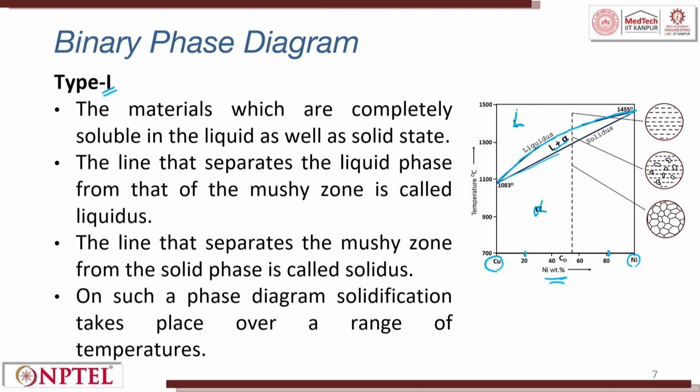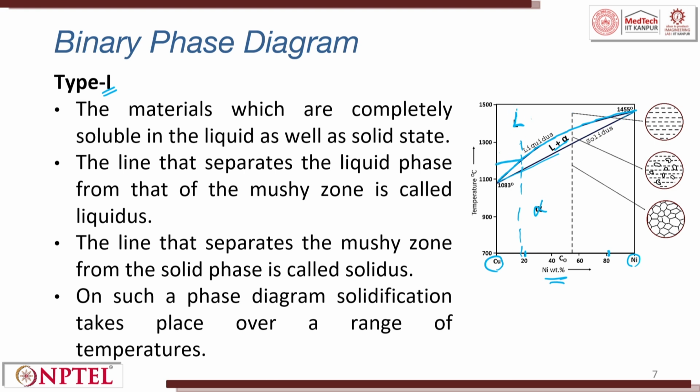At varying temperature, for example, I can try to take 20% nickel, you will have around 1200 or 1150, or 80, if you try to heat it, it will form a liquid.